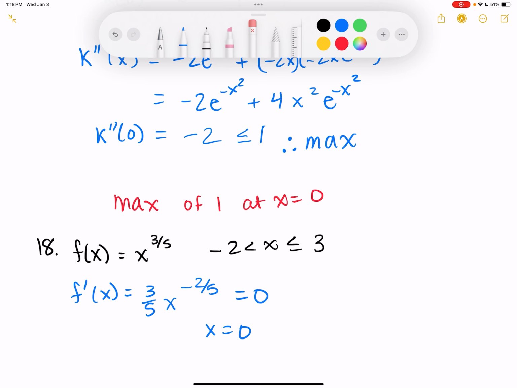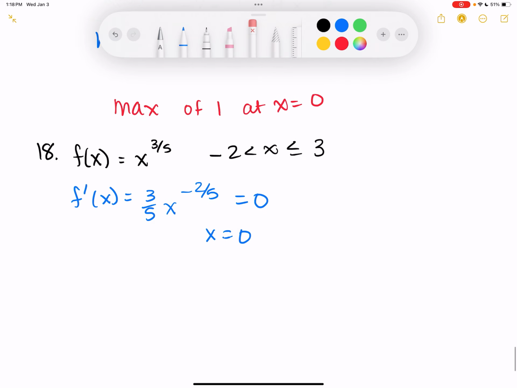So the critical point is at 0, so f of 0, which is 0.